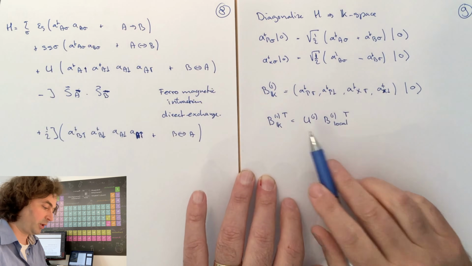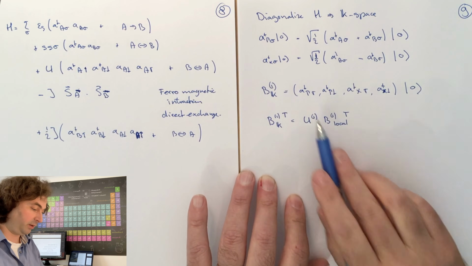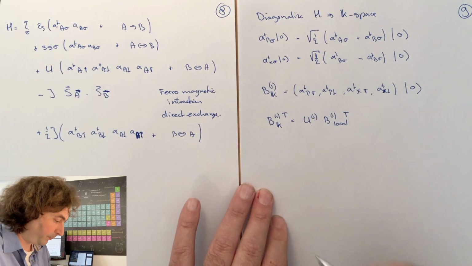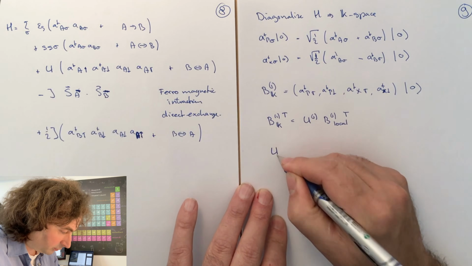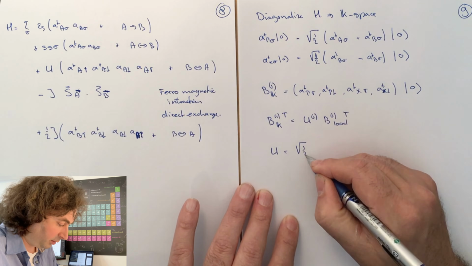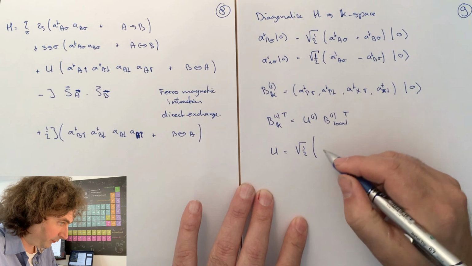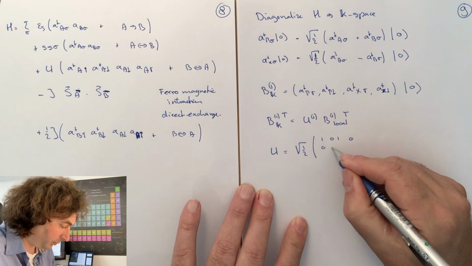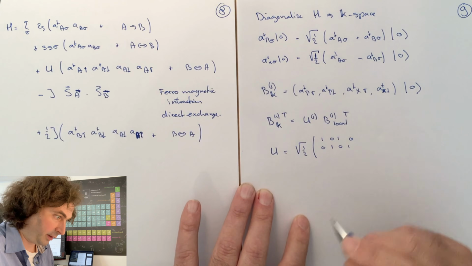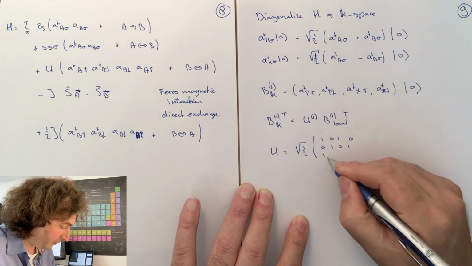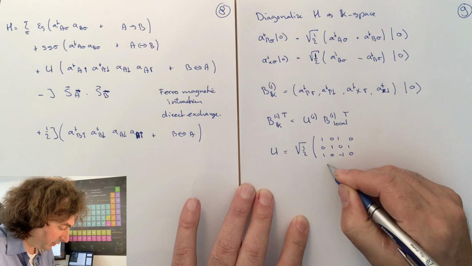I have to put in transposes if you want to say that it is a matrix times vector, so this had better be a column instead of a row vector. The unitary transformation that couples momentum and real space is in principle a Fourier transform, and a Fourier transform here at k is 0 and pi, gamma and X, gives you the bonding and anti-bonding state.